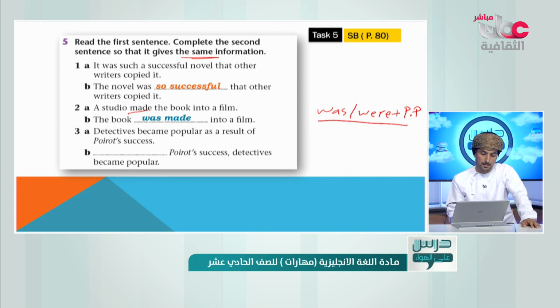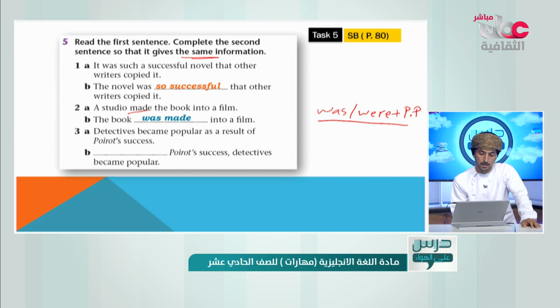Number 3. Detectives became popular as a result of Poirot's success. Now you have to paraphrase this sentence in order to make another sentence, and it should have the same meaning.